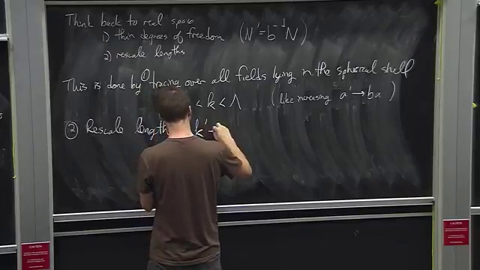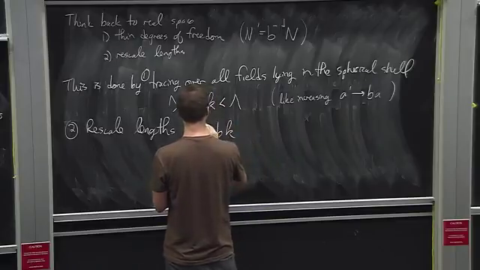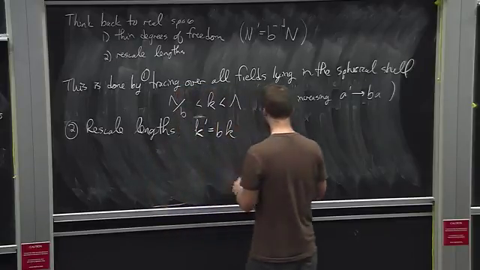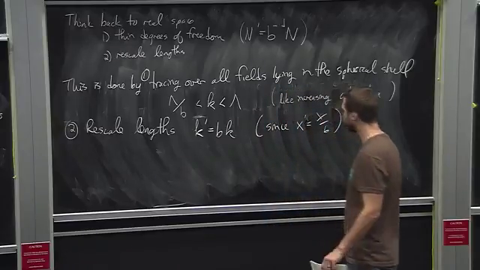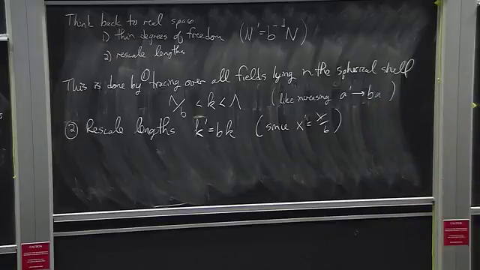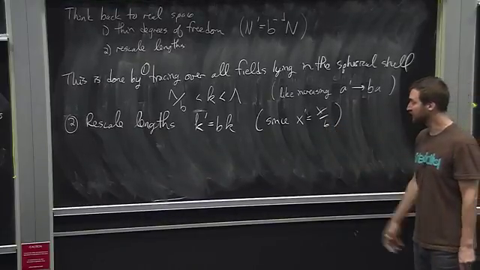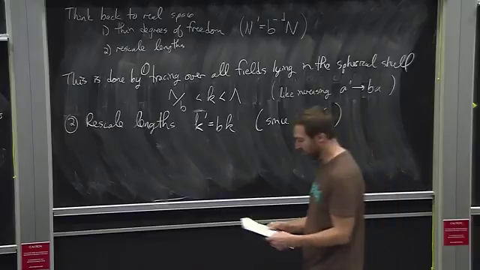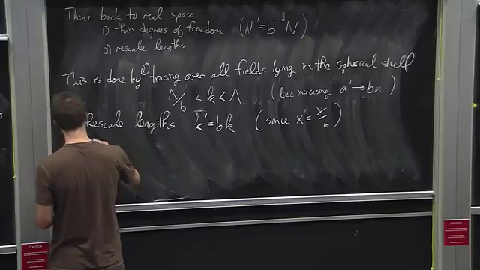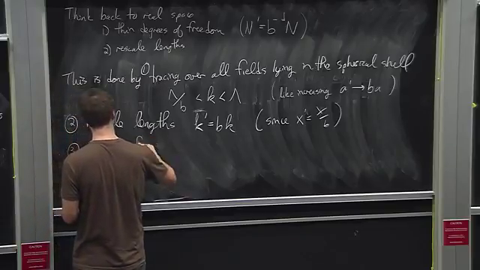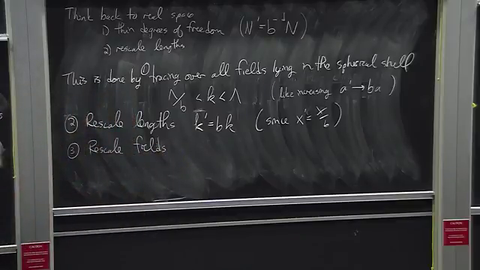And now we need the momentum version. So say b k, since when I rescale x, it's inversely related, so my momentum's just linearly related. And then we have to also rescale the fields. And we kind of know how to do that already. But in this case, we have to rescale momentum fields.